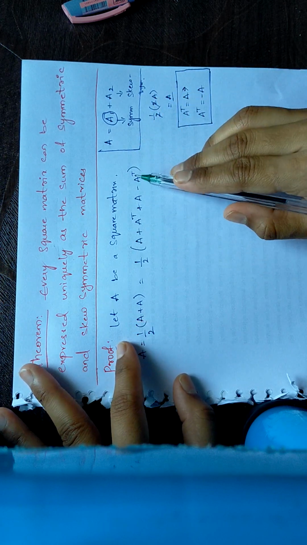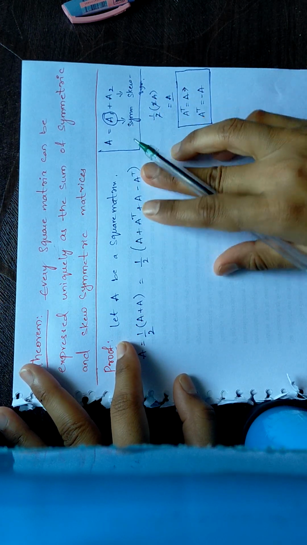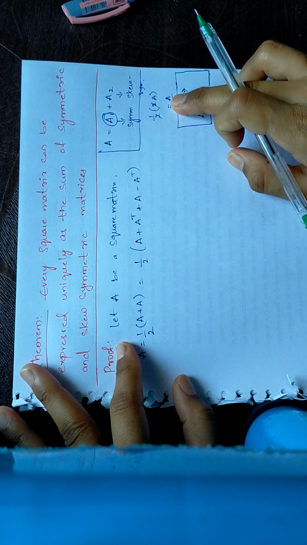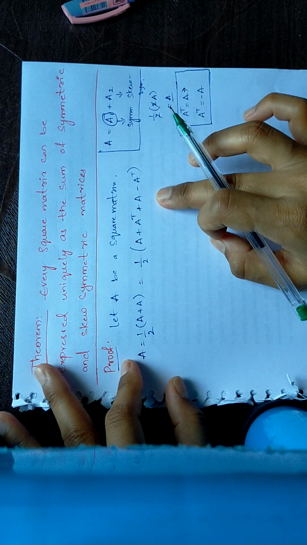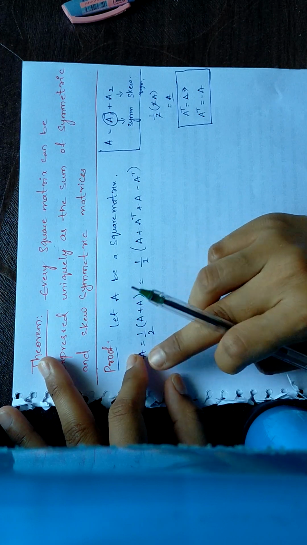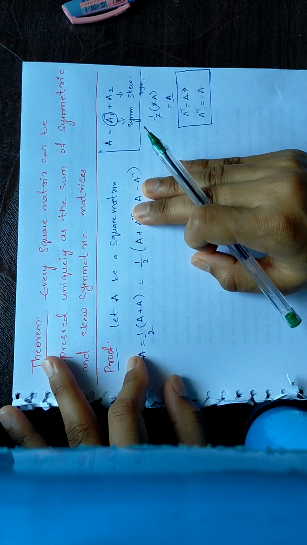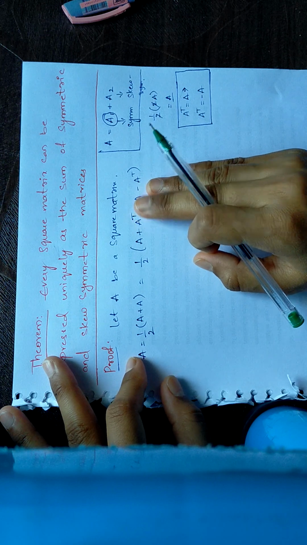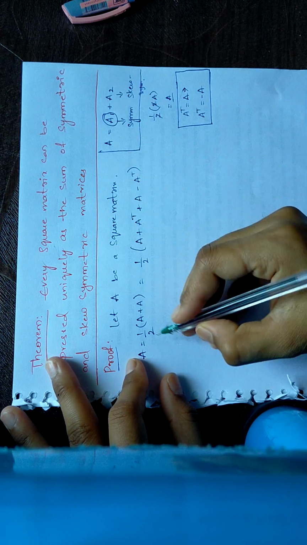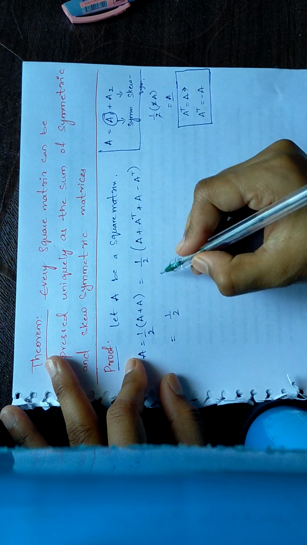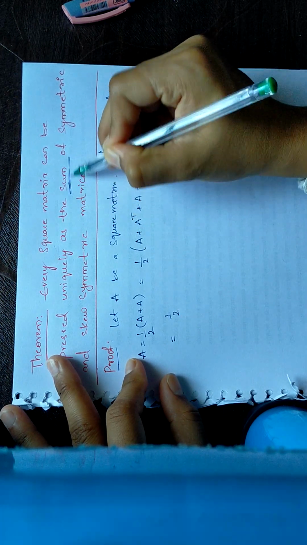Now if you solve this, plus A transpose minus A transpose will be cancelled. Again A plus A, 2A, the 2 will be cancelled, again A. So whatever matrix we have taken, it will be the same. Adding all those things will not give us a different result, right? Now I'll take half and write it separately, because we have to express it as a sum.